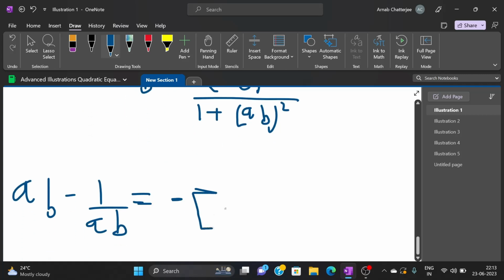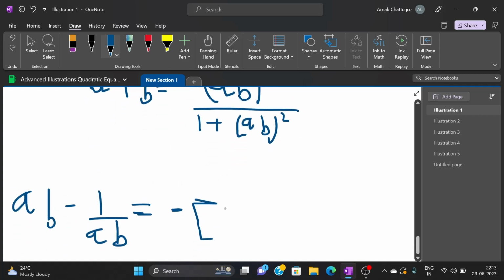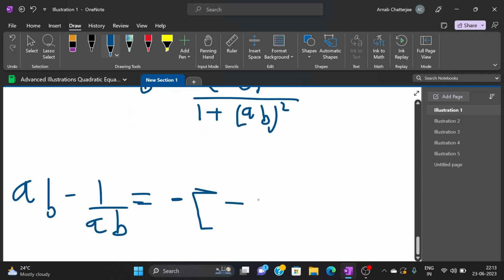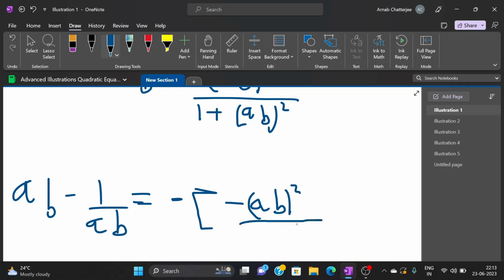So this becomes minus of (A plus B) into (C plus D), which will be minus (AB) whole squared upon (1 plus (AB) square) whole square.